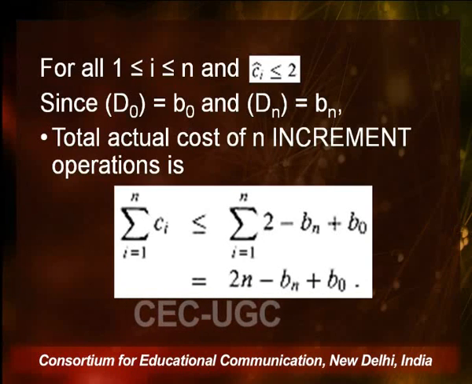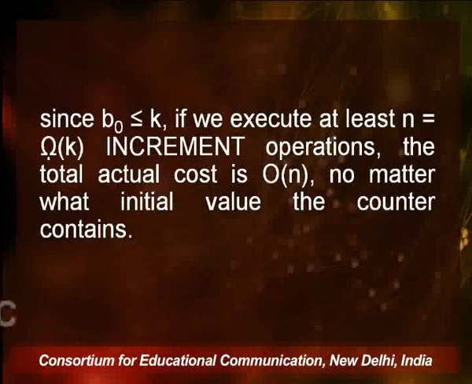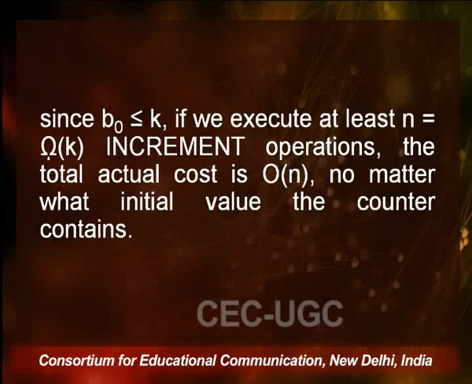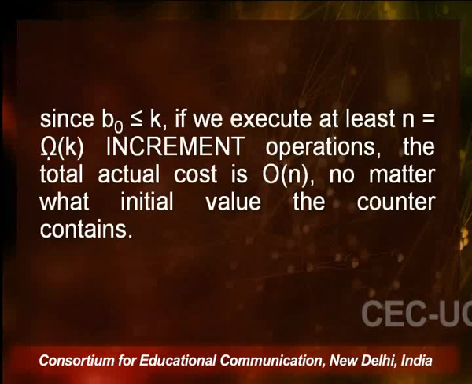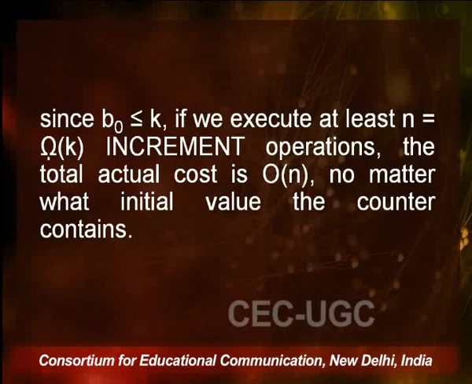So, we have the term 2n minus Bn plus B0 for the actual cost of n increment operations. Since B0 is always less than or equal to k, if we execute at least n equals omega of k increment operations, the total cost is order n, no matter what initial value the counter contained. Here is the flexibility which the potential method gives us.